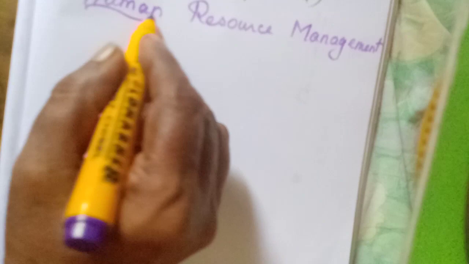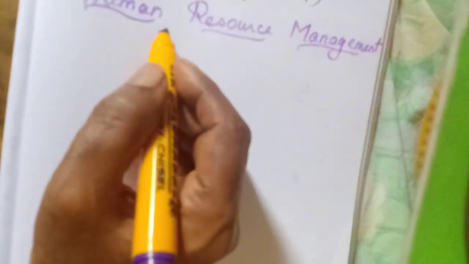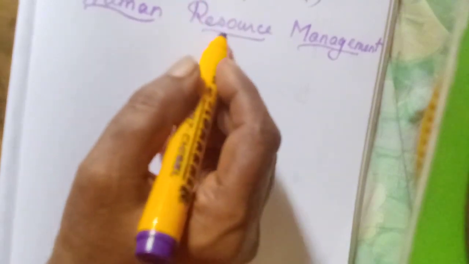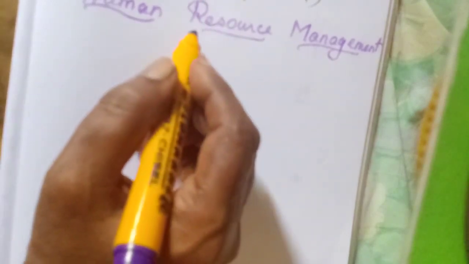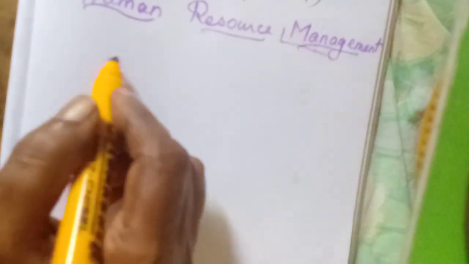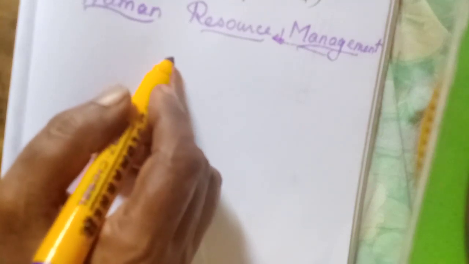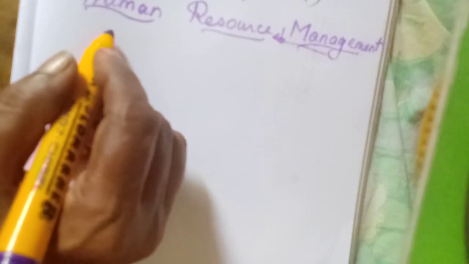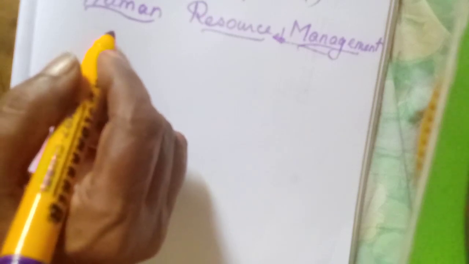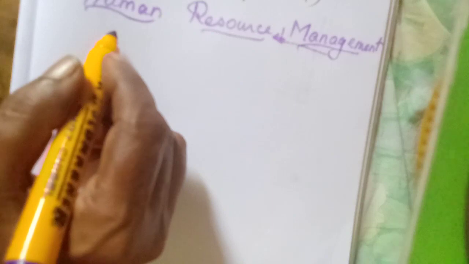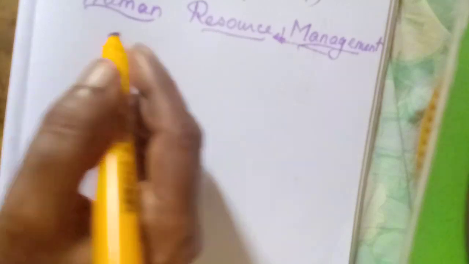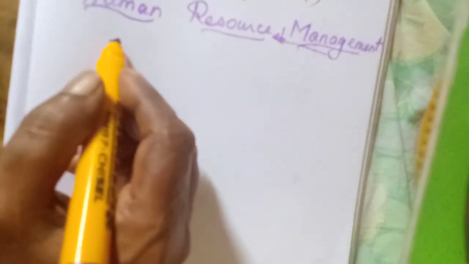In simple words, all the human beings working in an organization are called human resource, isn't it? So here we are learning about the management of this human resource. How we need to manage the human resource, or all the human constituents in an organization, that is called human resource management.